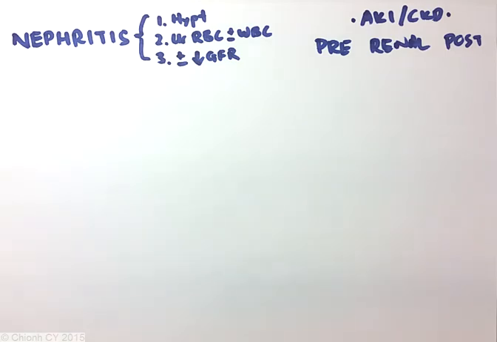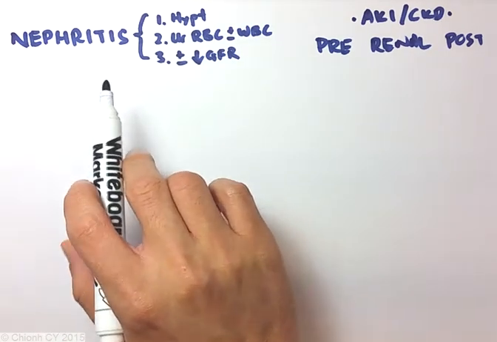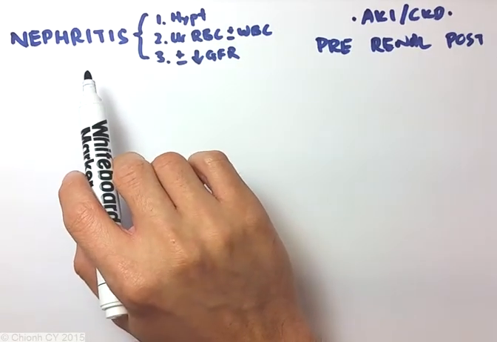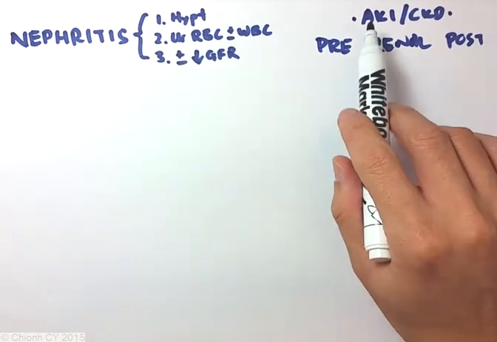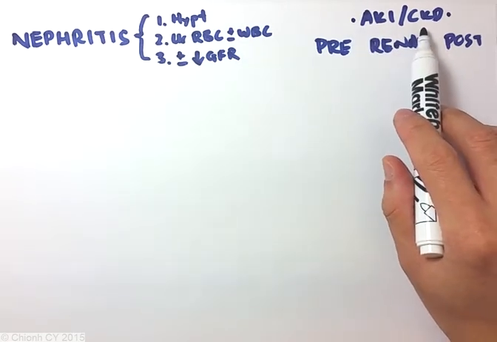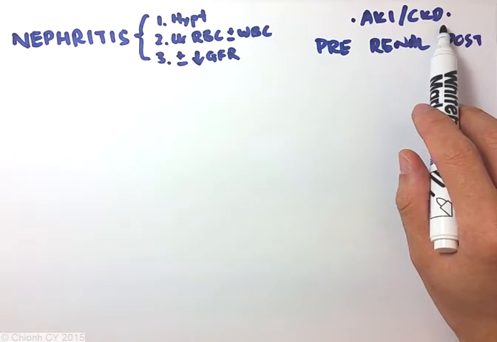Now we shall have a discussion about nephritis, or what some people would call a nephritic syndrome. The patients can either present acutely as an acute kidney injury or as a chronic kidney disease.